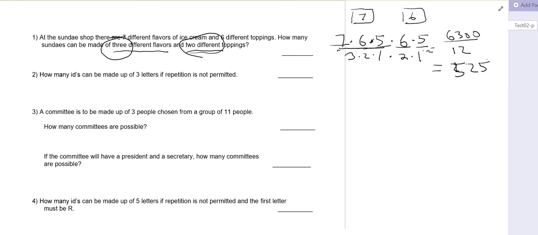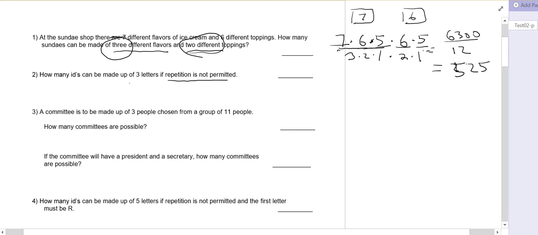How many IDs can be made up of 3 letters if repetition is not permitted? 3 letters, repetition is not permitted. Step 1, I need 3 letters. Where are they coming from? Well, 26 different letters. We don't distinguish between upper and lower case. If we did, we would indicate that, all right?